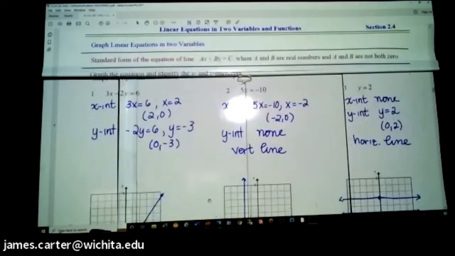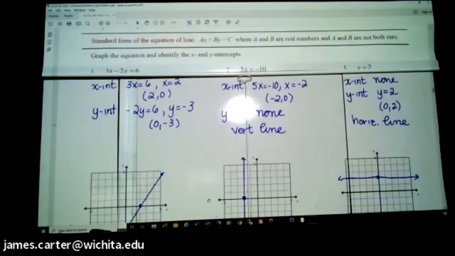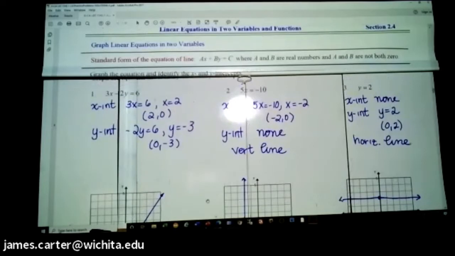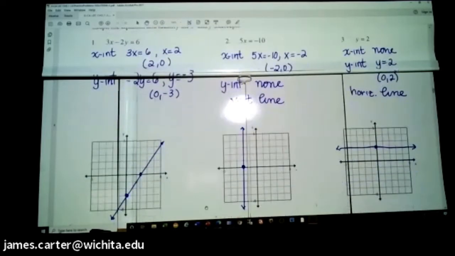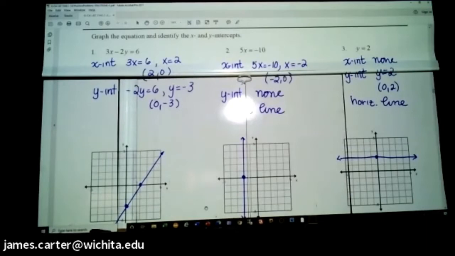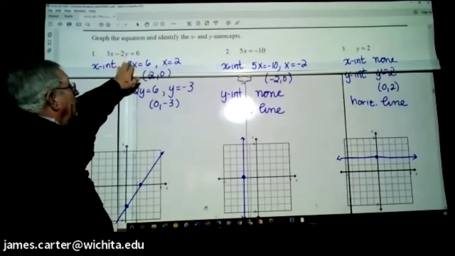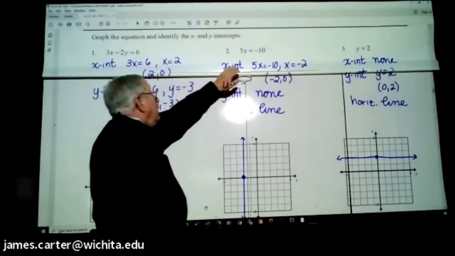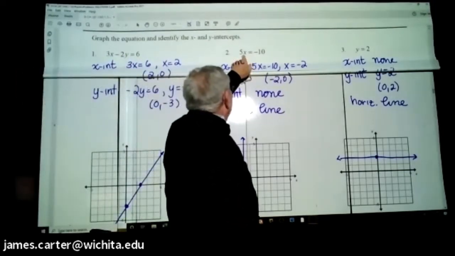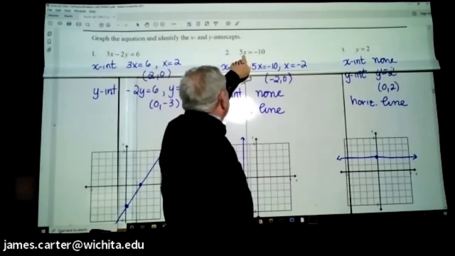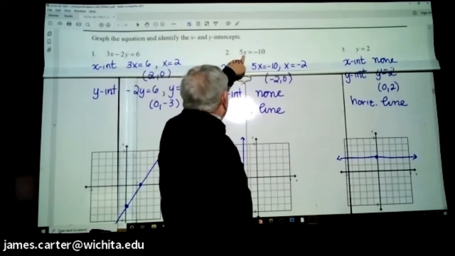That brings us to section 2.4. Graph the equation and identify the x and y intercepts. This equation is in standard form. If they only give us x alone and no y, so what kind of a shape is that?